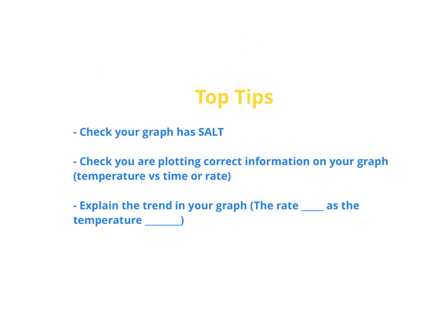So some top tips for completing this question or experiment in relation to temperature affecting rate of reaction. It's important to check that you have SALT on your graph. So SALT, S-A-L-T. S stands for scale, A stands for axis, L stands for labels, including units, and T stands for title.